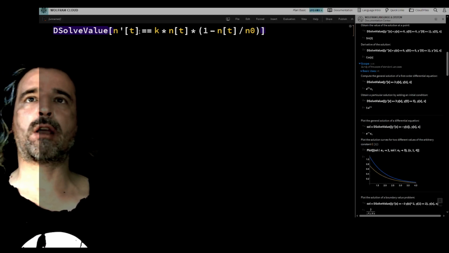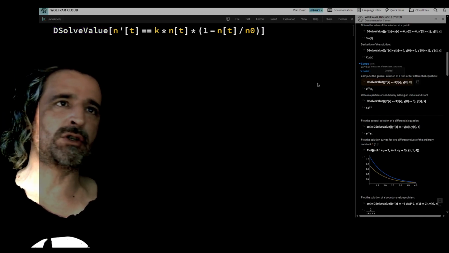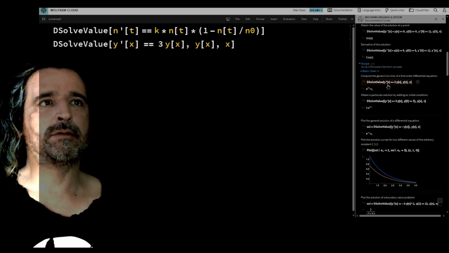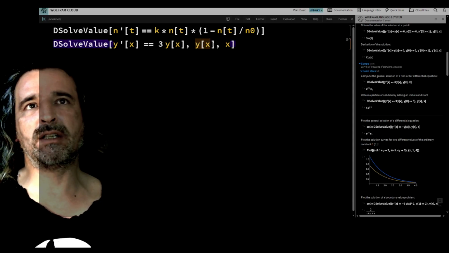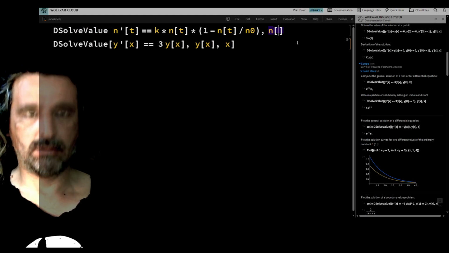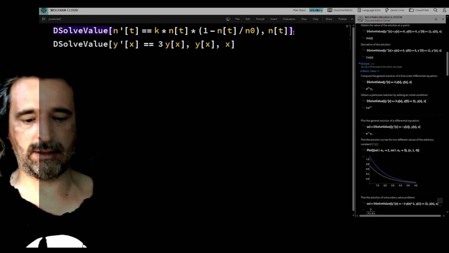And that's the logistic equation. And then I have to put the independent variable, so it's N of t, and the independent variable, x in the example, t in my case.